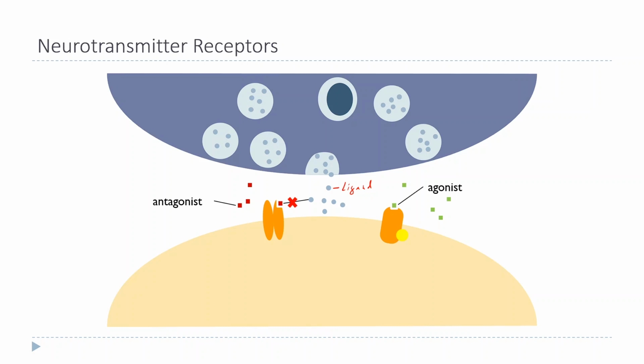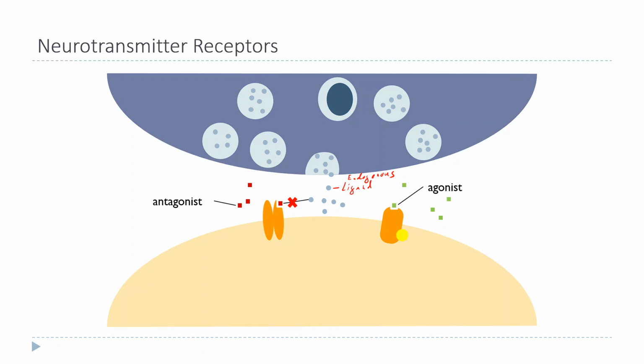But anytime a protein binds to something else, especially if it's a receptor, we call that something else the ligand. The ligand is usually something made in the body, in the cell that it's released from, and so we call it an endogenous ligand. Endogenous just means it comes from the inside. It's generated in the cell or in the body, and that's the thing that's supposed to bind to the receptor.